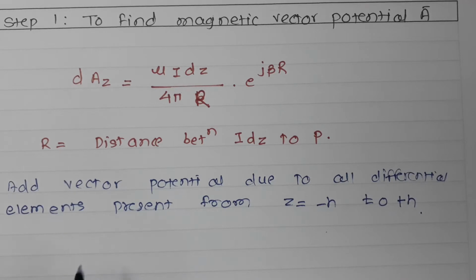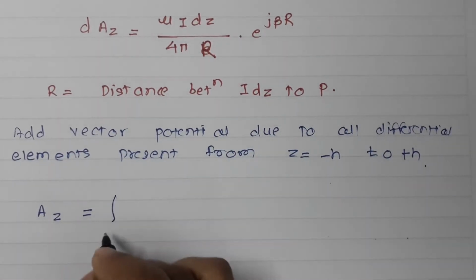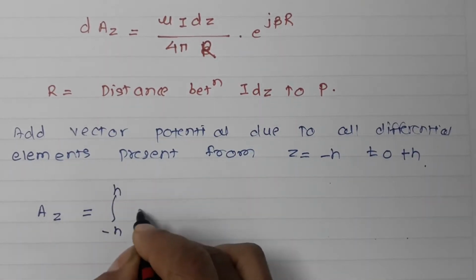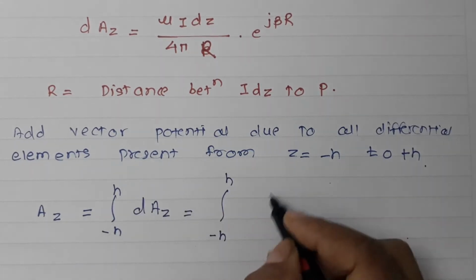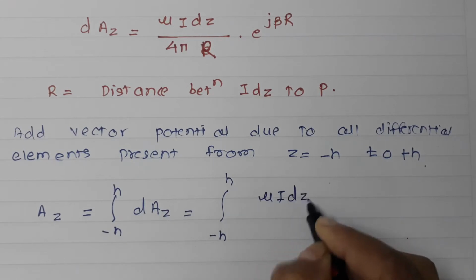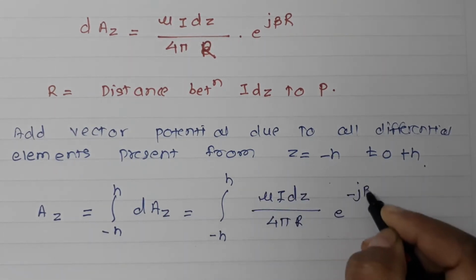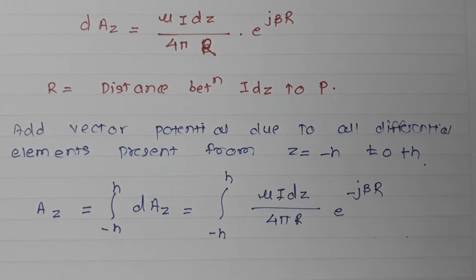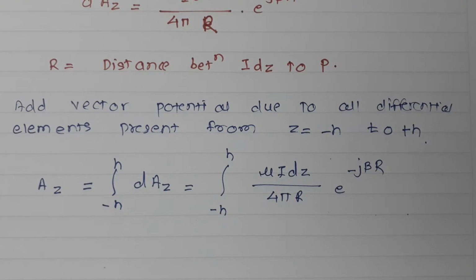So the total magnetic vector potential at point P is Az equal to the integral from minus h to h of dAz, which is the integral from minus h to h of mu I dz divided by 4 pi r, e raised to minus j beta r. We have put that value over there.